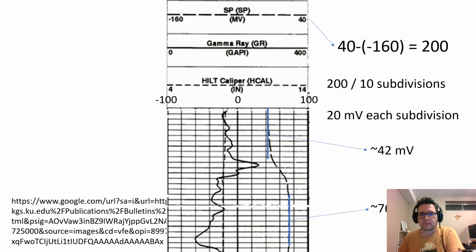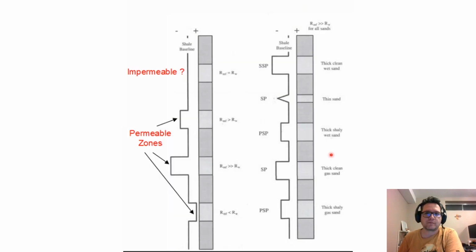Okay, and this is something that Amir told us might show up in the test. He might ask us to draw a sketch of the responses of the SP log.